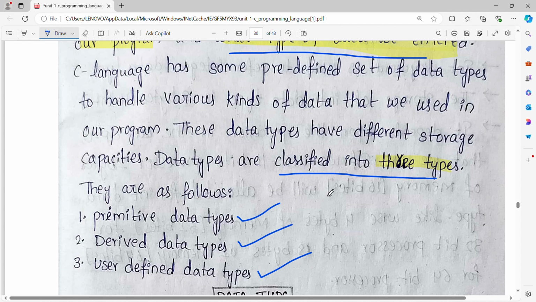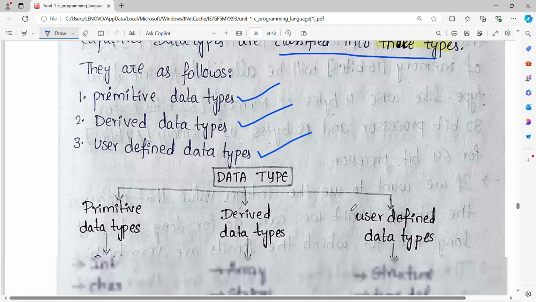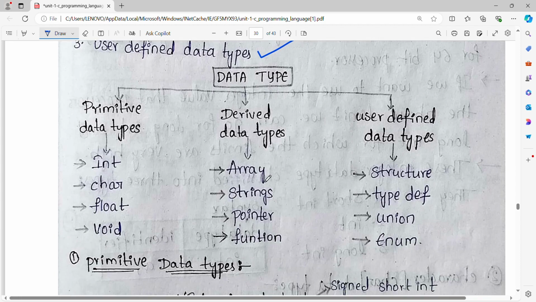See the structure of data types. Data types are classified into three types as we discussed earlier: primitive, derived, and user defined data types. Primitive data types are again classified into three types.